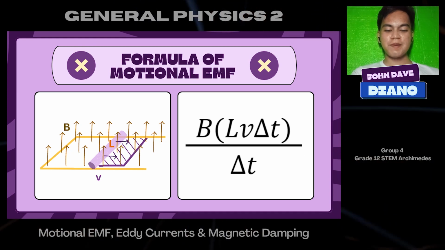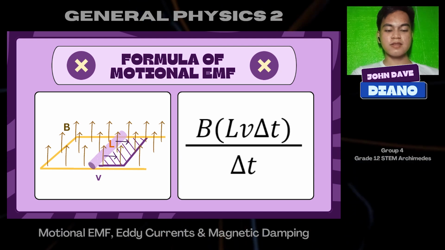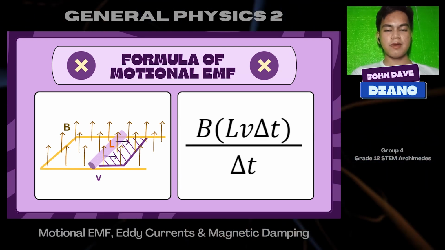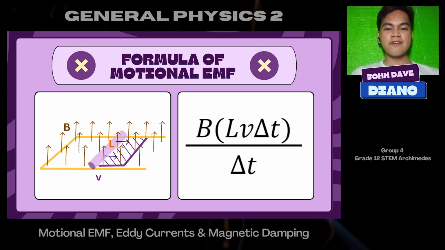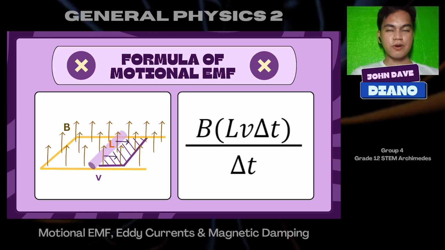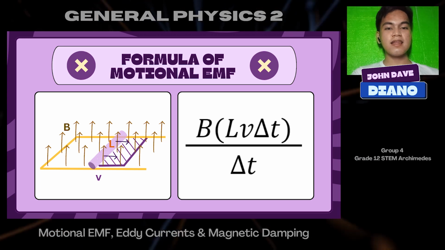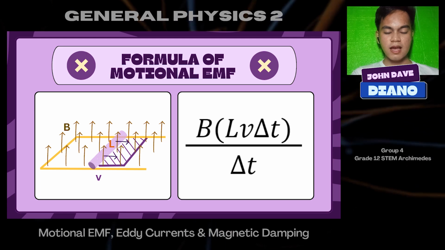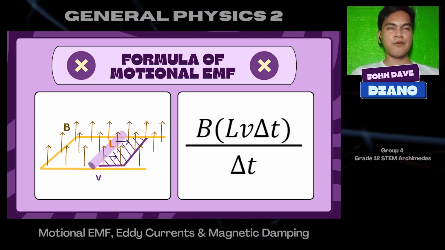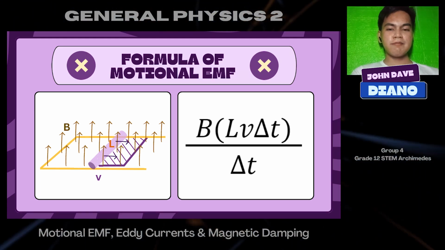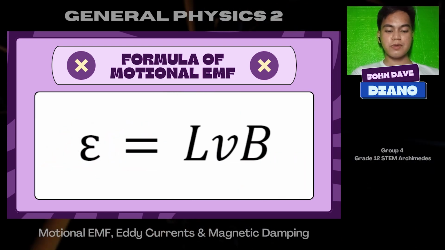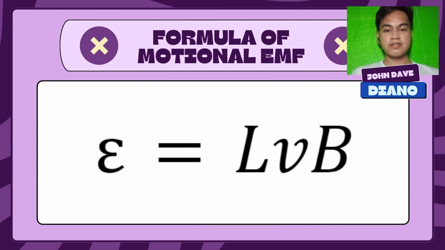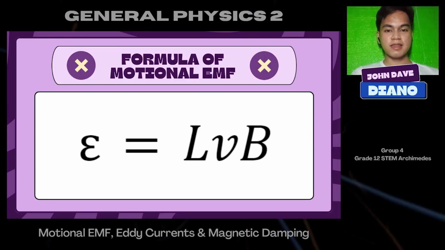With the current formula, we are going to cancel both change in time. So, we will be left with E, or EMF, is equal to LVB. So in conclusion, our simplified motional EMF formula is equal to L, which is the length of the rod, V, the velocity of the moving rod, and B is the magnitude of the magnetic field.